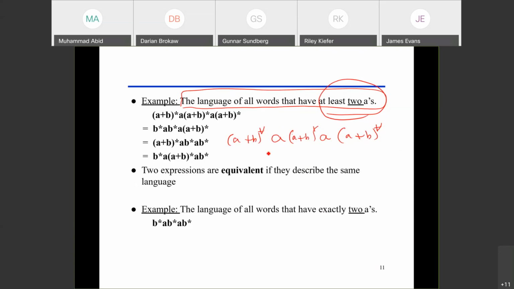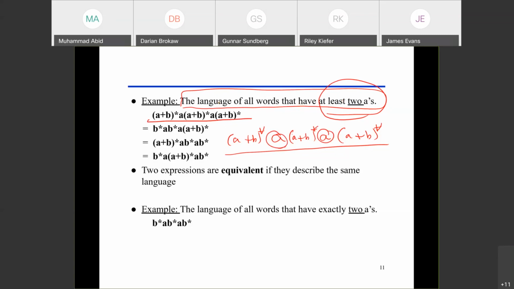When we write this, this is a perfect regular expression for at least two A's. So this is the thinking process. First write the minimum part and then make it complete according to the definition. This is a mandatory thing.